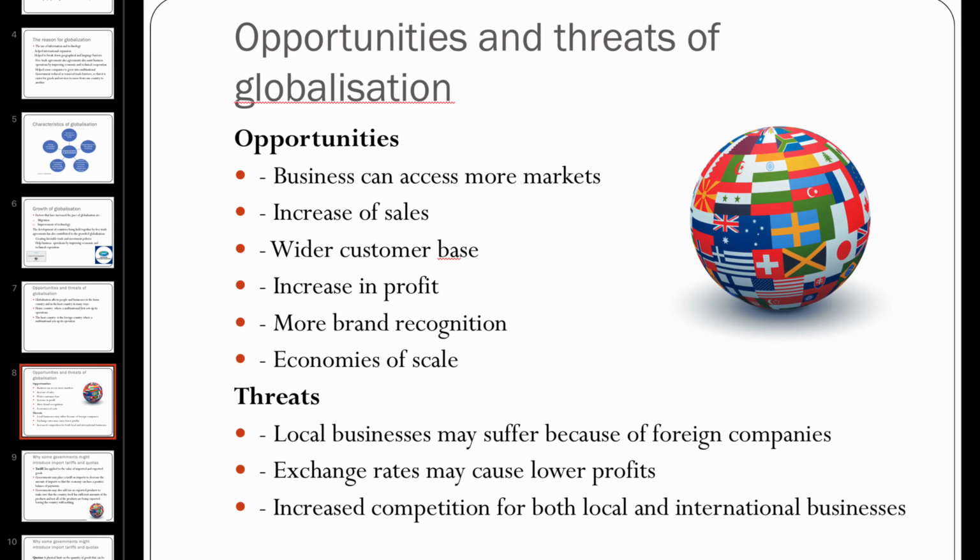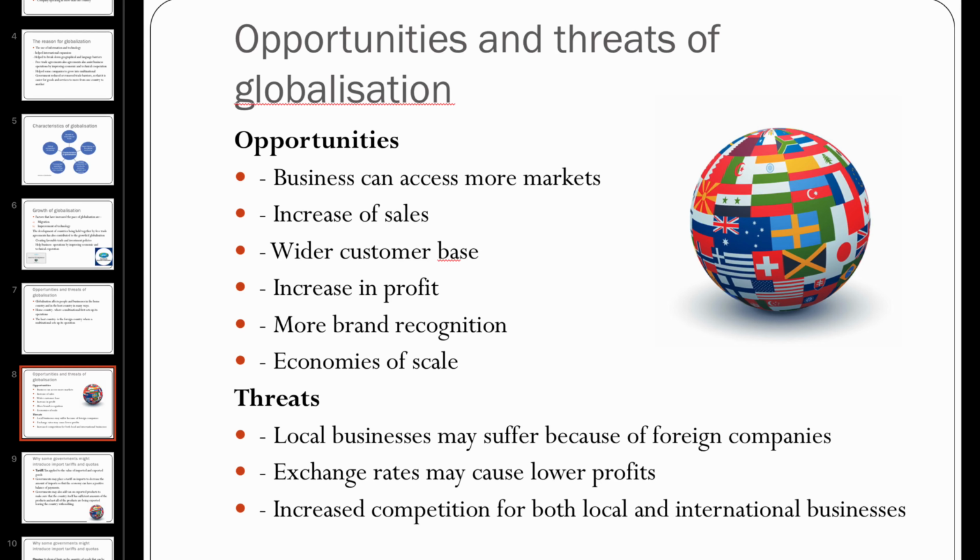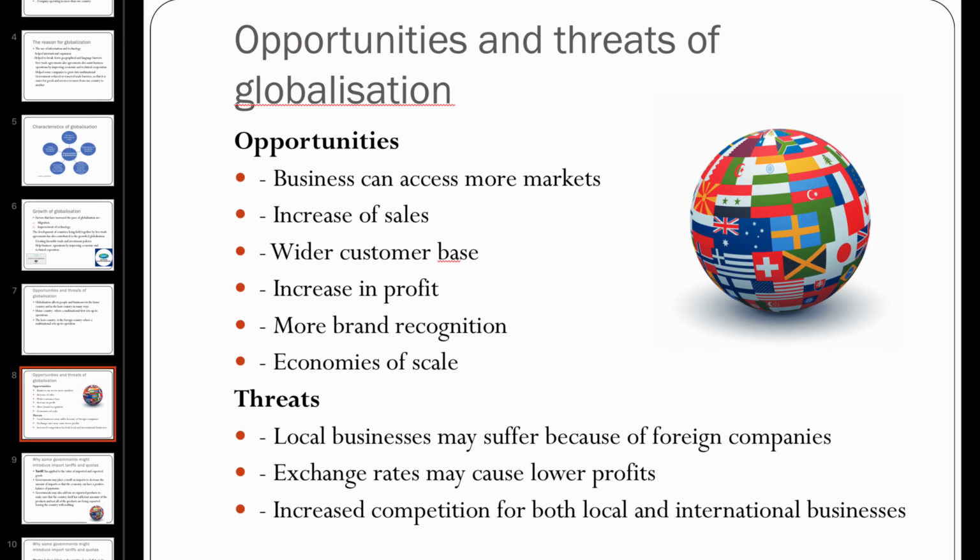At the same time, the marketing and distribution costs for the international business will increase. All right, so there are risks and costs associated with globalization. For example, people in the home country may lose their jobs if a company decides to move its operation to a country with a cheaper labor force. This will also increase the unemployment rate in the home country.